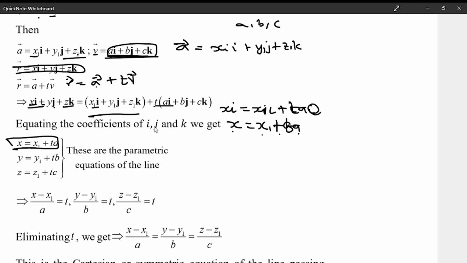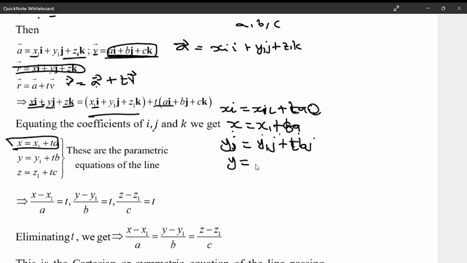Now let's talk about the next one, which is j. So equating corresponding j components, we have yj equals y1 j plus tbj. So let's remove all the j's.